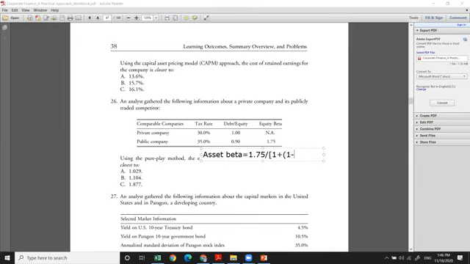For the publicly traded company, we need to consider tax, which is 35%, and debt equity ratio in here, 0.90. Close the bracket. That would give us asset beta equal to 1.104.